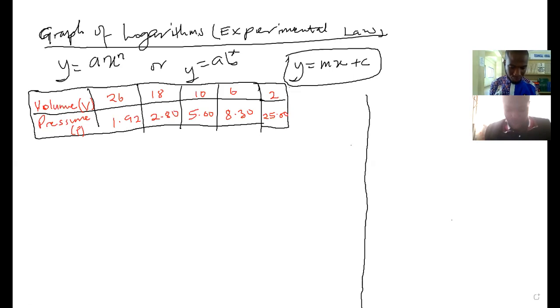So the question asked us to find the values of C and N. With N, I had 1.024. Okay, 1.024. Yes.